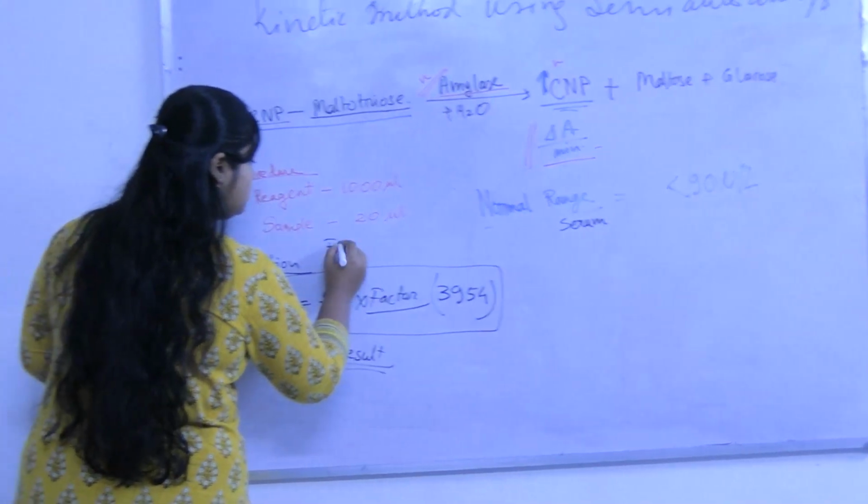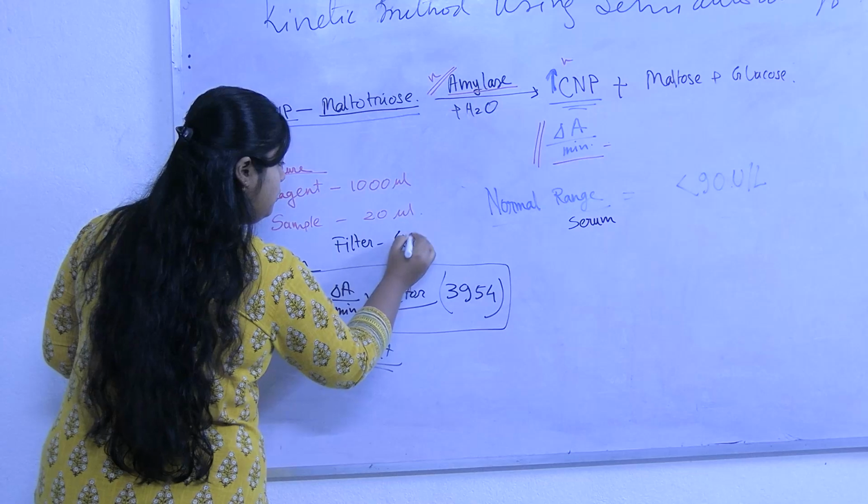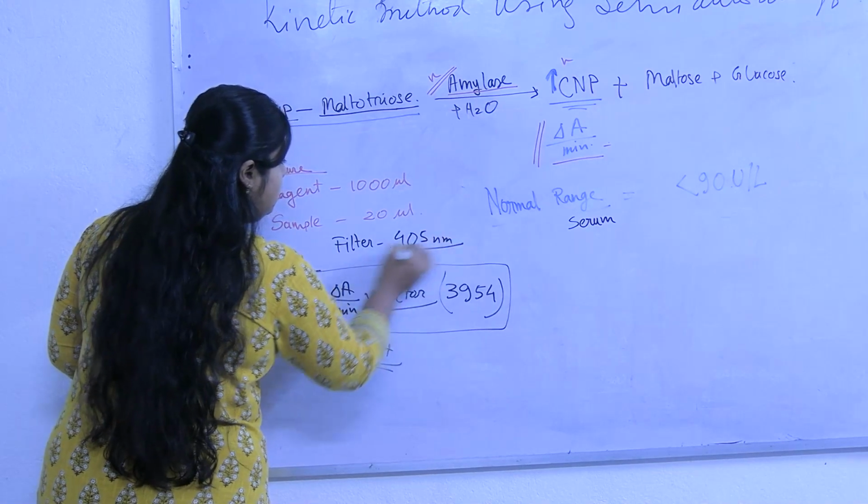As the concentration of chloronitrophenol increases, we will measure the change in absorbance per minute of chloronitrophenol in the filter. What is the filter here? 405 nanometer, and this is measured spectrophotometrically.